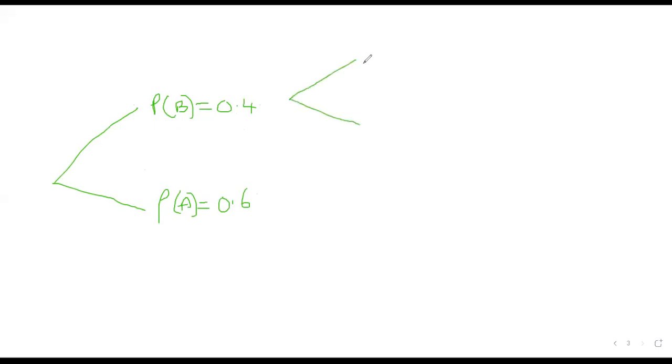Then maybe this is a probability of a defective coming from B. This is 0.1. And here we have a defective coming from A. This is 0.7.